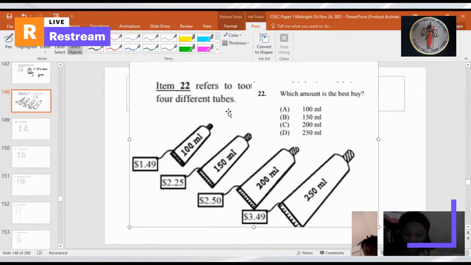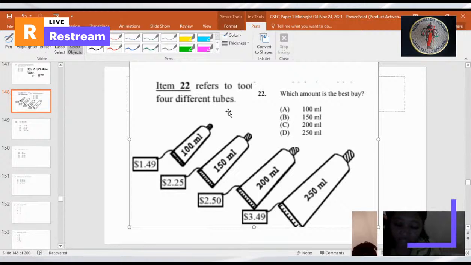So which of those would be the cheaper rate per milliliter? So we have 0.0149, 0.015, 0.0125, and 0.0139. So it seems like the 0.0125, which is the 200 milliliter, that one is the cheaper one.